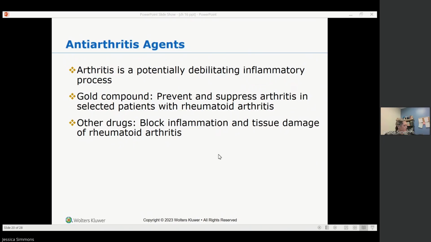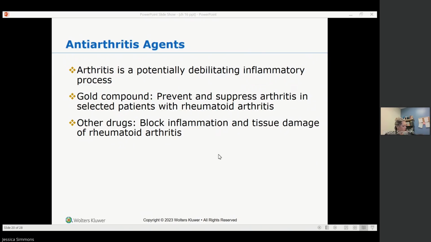So, on page 280, under therapeutic actions and indications, it says that gold salts suppress and prevent arthritis and synovitis. Gold salts are indicated to treat selective cases of rheumatoid and juvenile rheumatoid arthritis in patients whose disease has been unresponsive to standard therapy.